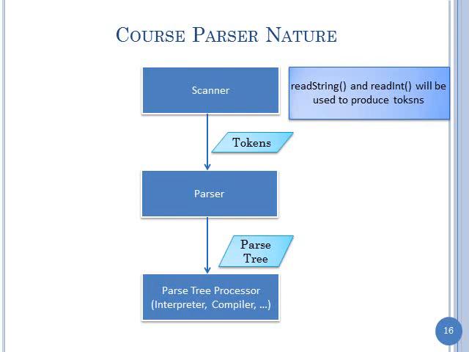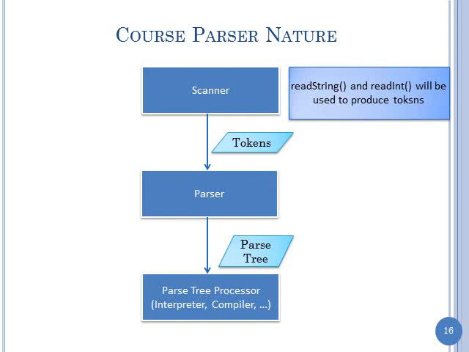What I'll do, I made all these slides in the last hour or two, so a lot of errors here. I won't have a separate scanner object. I'll just use read string and read int, which are things that I've got in my library routines. And I will go and use them to produce my tokens. So I will actually produce tokens as I'm parsing.